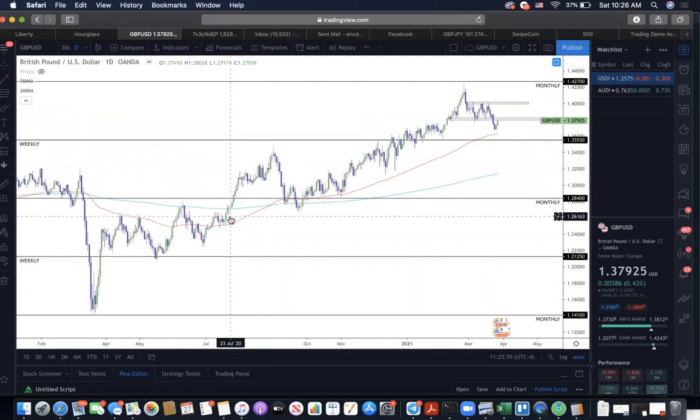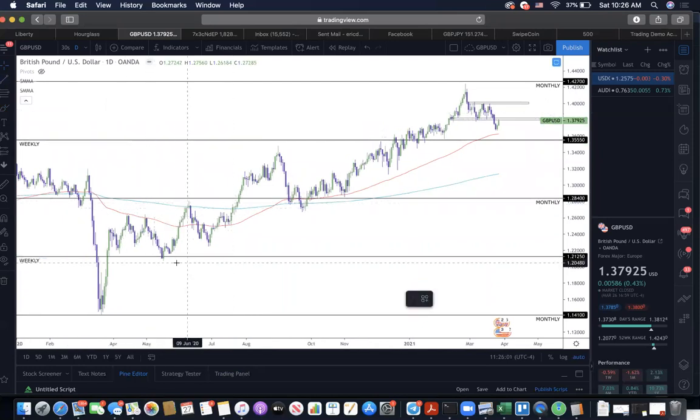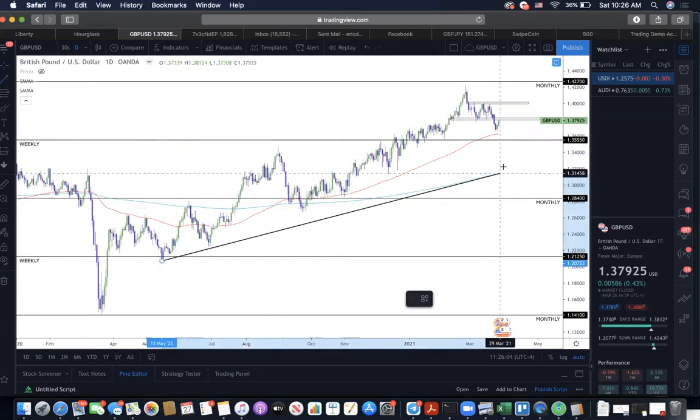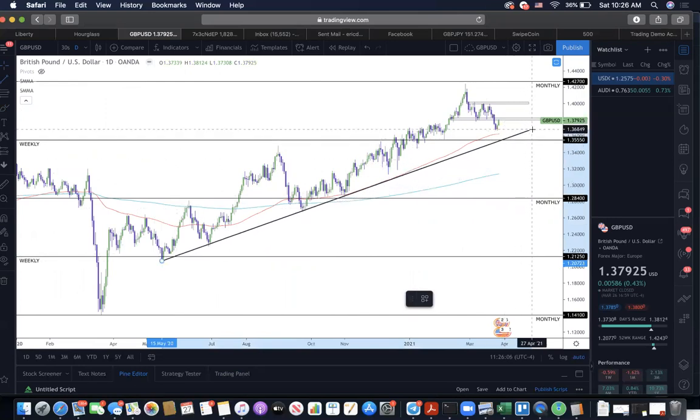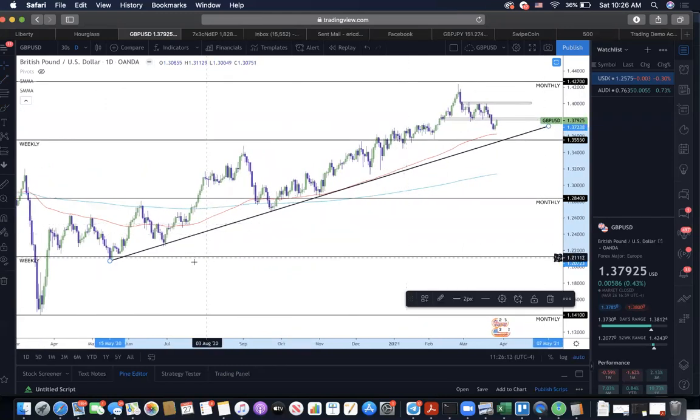Notice how if I draw a trend line from here all the way up, there's rejection, rejection, rejection. It rejected here, came back, and broke back above the moving averages.